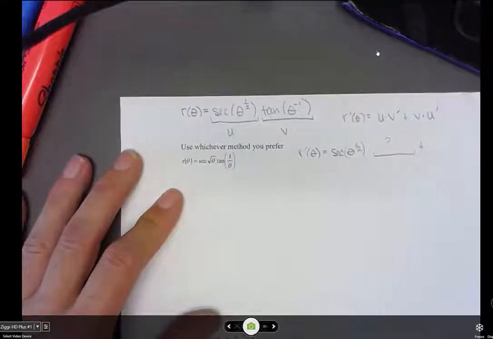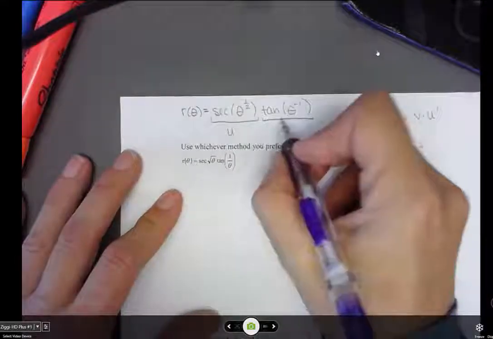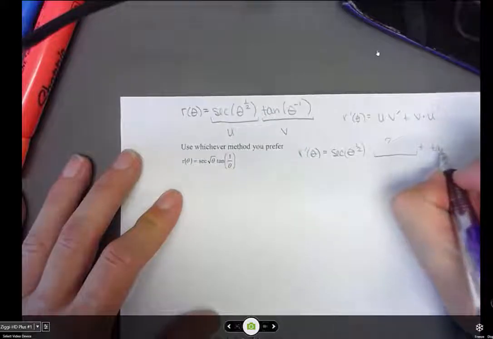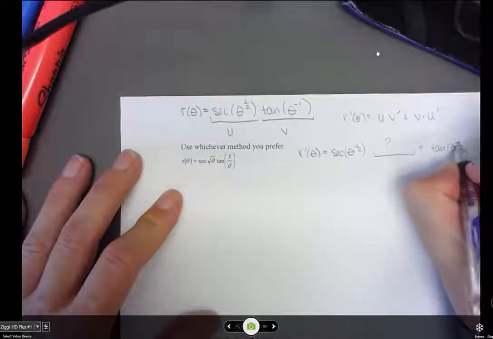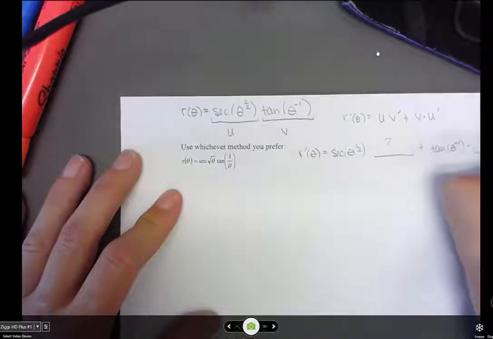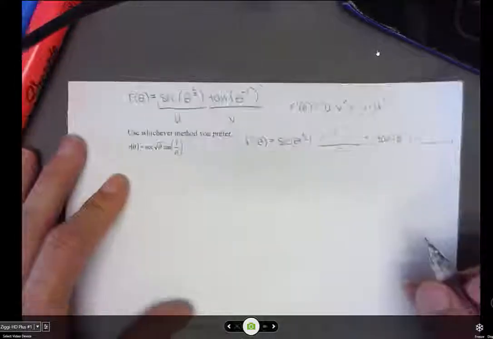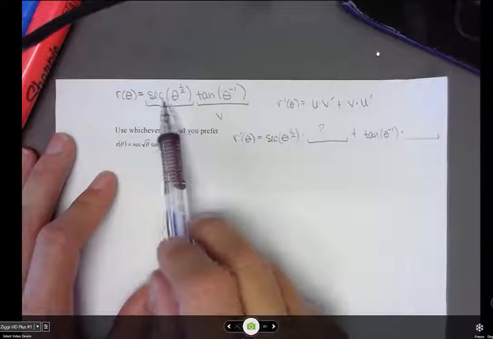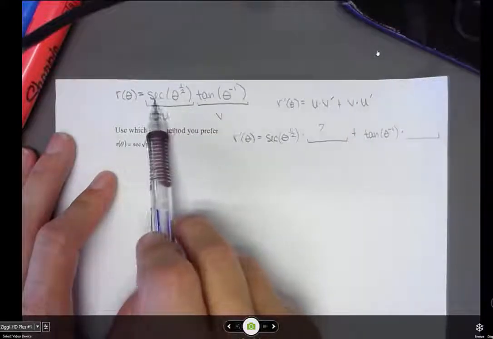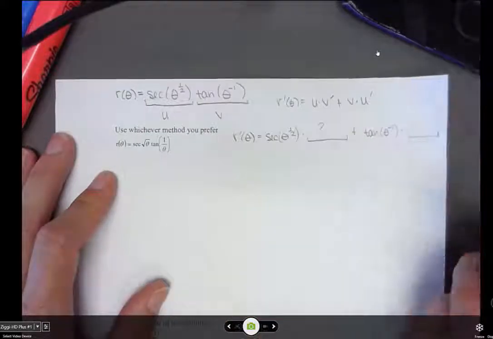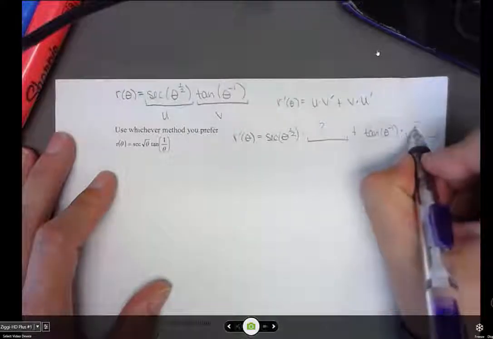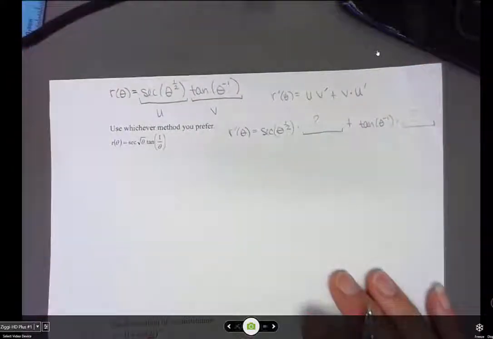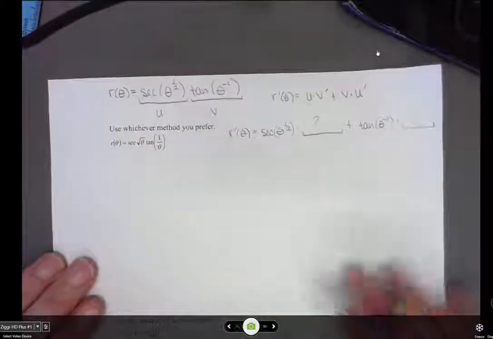And then plus v is tan theta to the -1 times u prime. And u prime, that is also going to require the chain rule because secant is the outside function and theta to the 1/2 is the inside function. So that's where we have to do some extra work to figure out what goes in these two blanks.